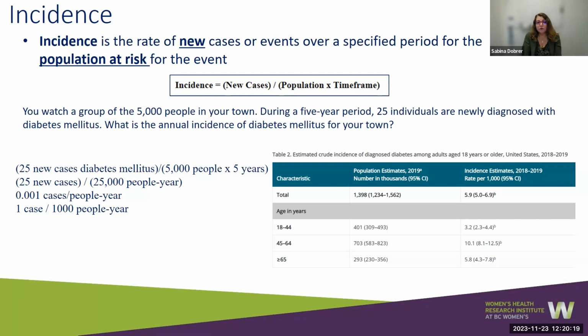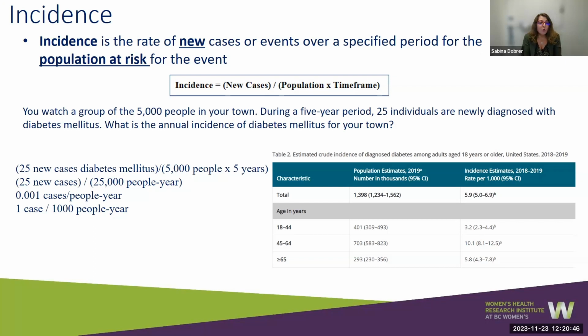For example, you watch a group of 5,000 people in your town during a 5 year period, and 25 individuals were diagnosed with diabetes. What will be the annual incidence of diabetes in your town? So how do you calculate your incidence? You have the number of new cases divided by 5,000 people over the 5 year period.